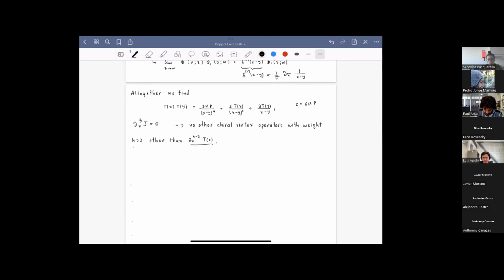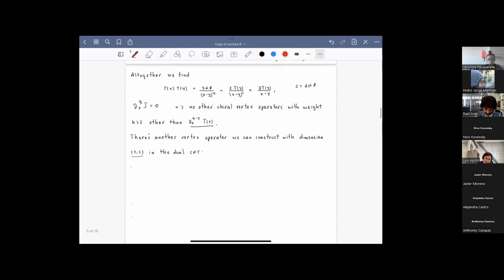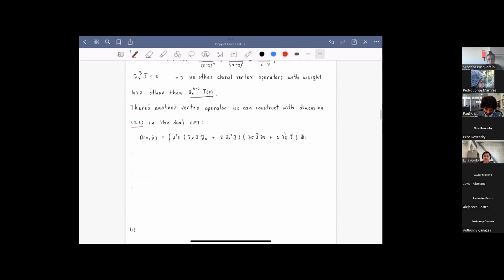But if we are not interested in chiral vertex operators, there's something else we can construct, and it's an operator with dimension (2,2), the same quantum numbers that you expect from the TTbar operator. This operator turns out to be given by this expression. The important thing to notice is that there's a component that comes from T, which is also featured in the definition of T, and a piece that comes from T bar.